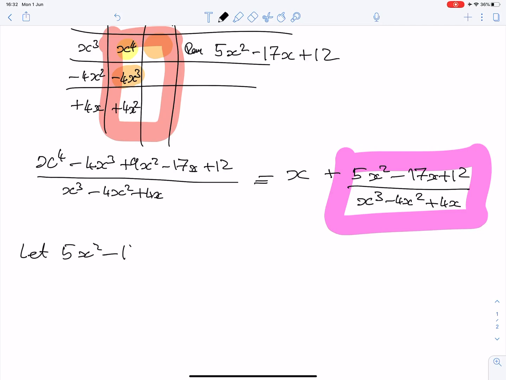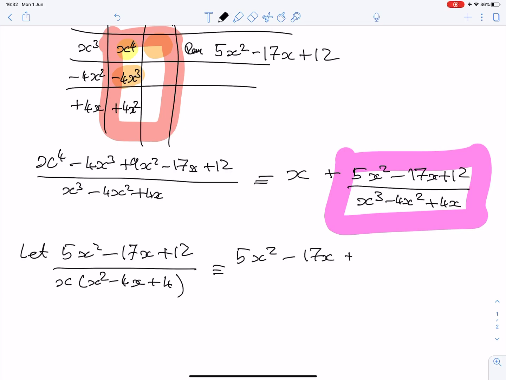Take out x as a factor, leaving x squared minus 4x plus 4, and that also factorises again, so we get 5x squared minus 17x plus 12 over x times x minus 2 squared.